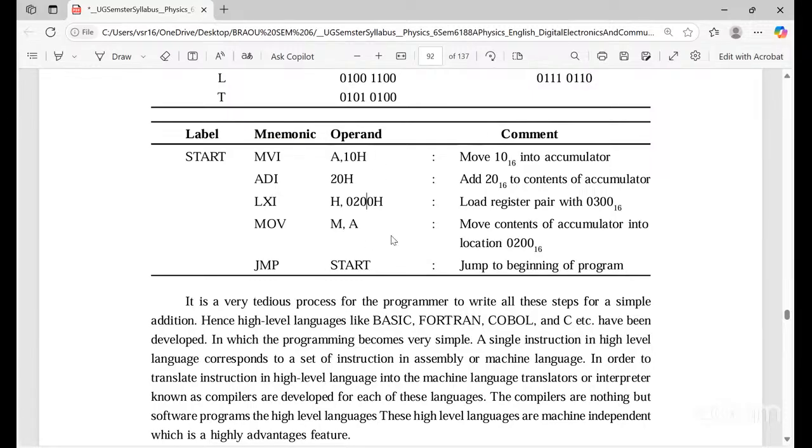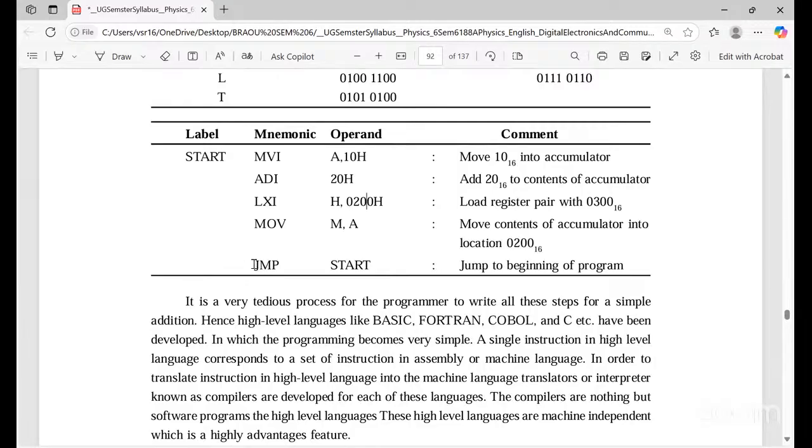Next, MOV A comma M. So 30 is available in the accumulator, and you are moving the content of the accumulator into the location M. Okay.